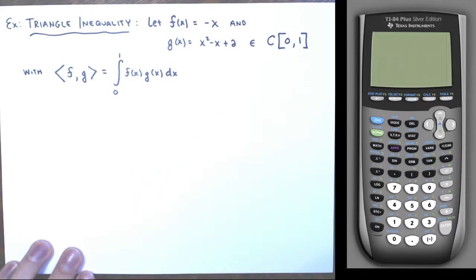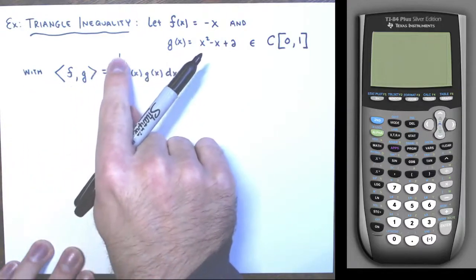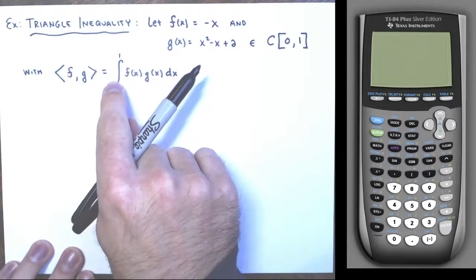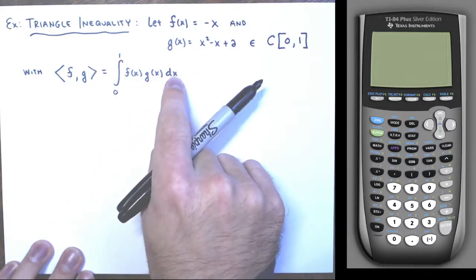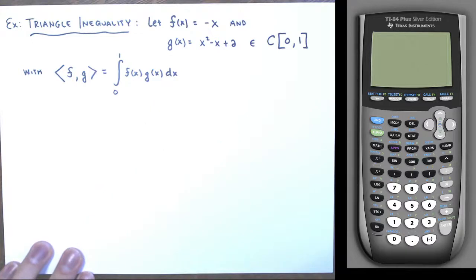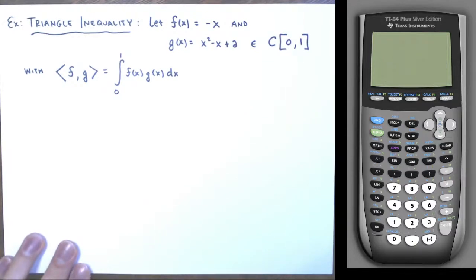And we have that integral inner product, with the inner product of f and g being the integral from 0 to 1 of the product of those two vectors with respect to x. If you've seen other videos of mine on inner products, you've probably come across this integral inner product, which is similar to the dot product over an infinite number of arguments.